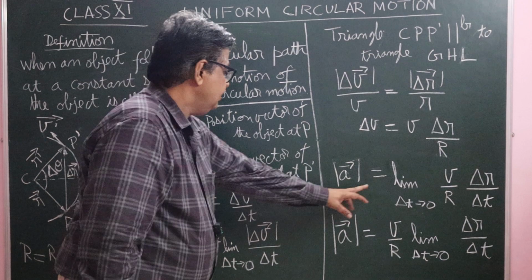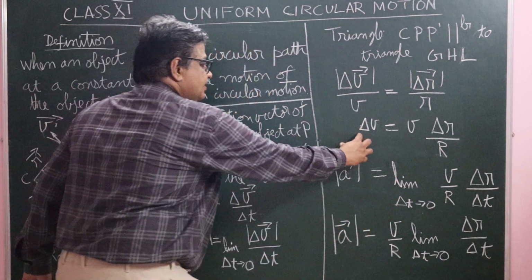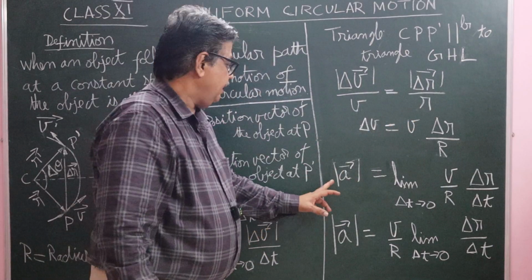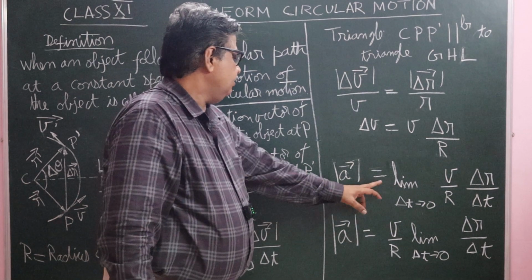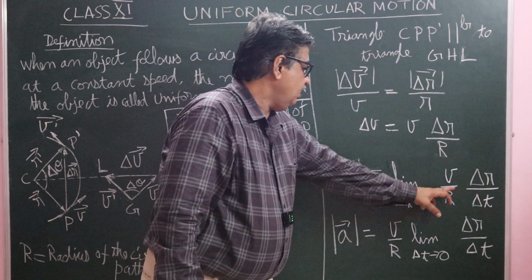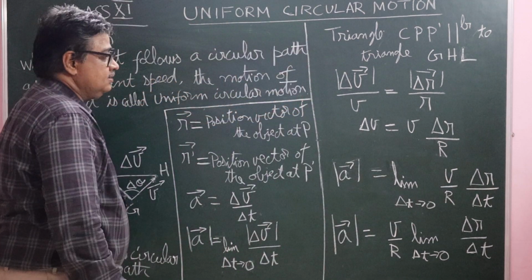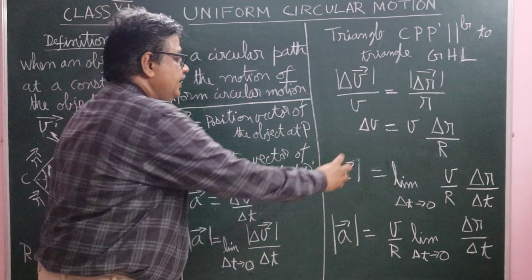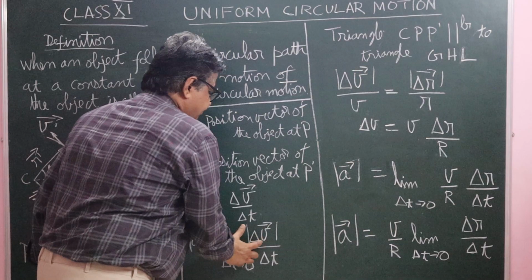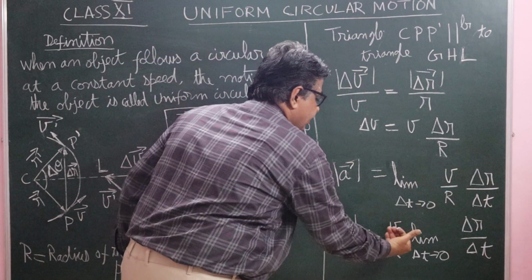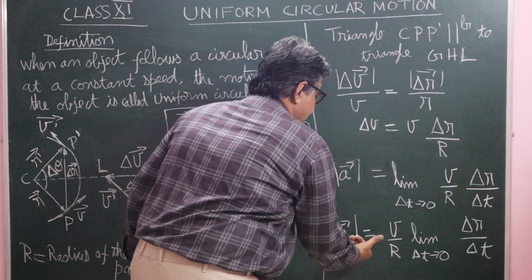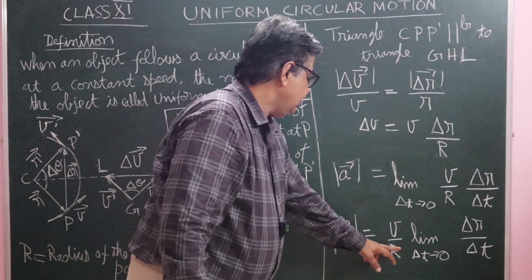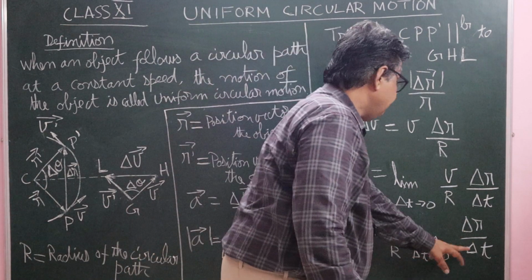Therefore, the magnitude of acceleration A is equal to the limit as del t tends to 0 of V by R into del R by del T. Taking V by R outside, A is equal to V by R into the limit as del T tends to 0 of del R by del T.